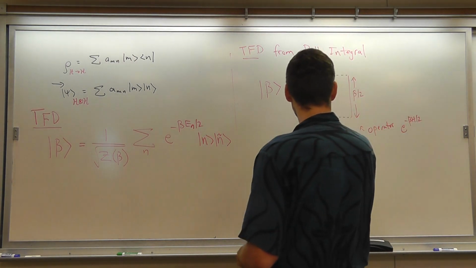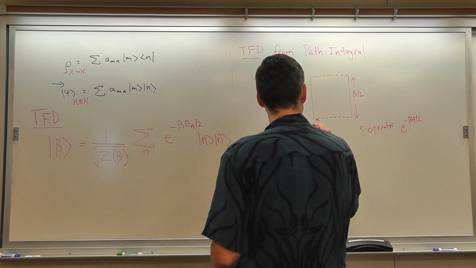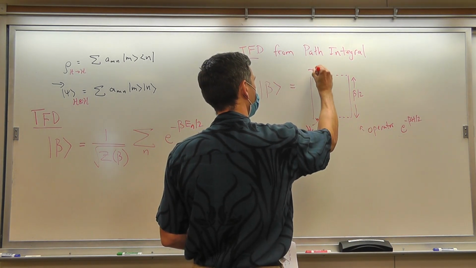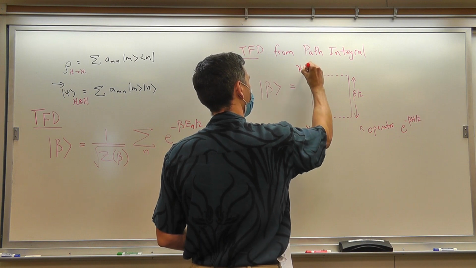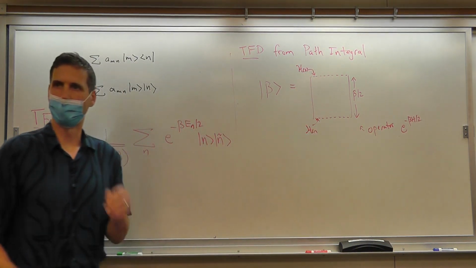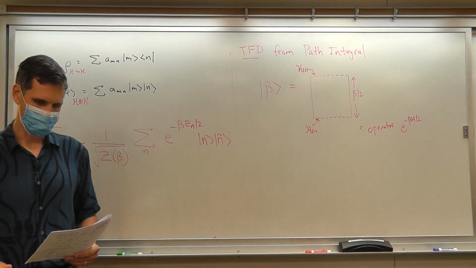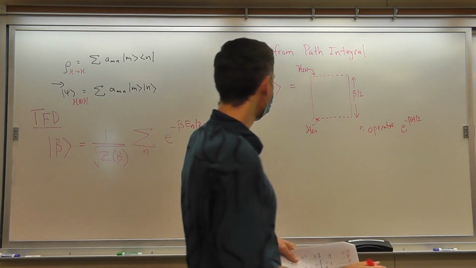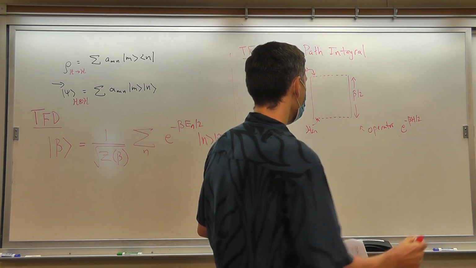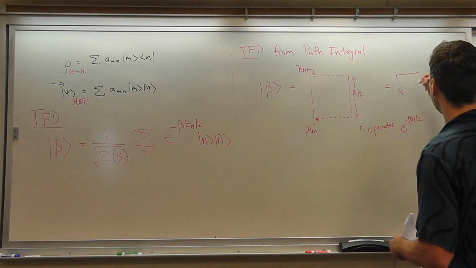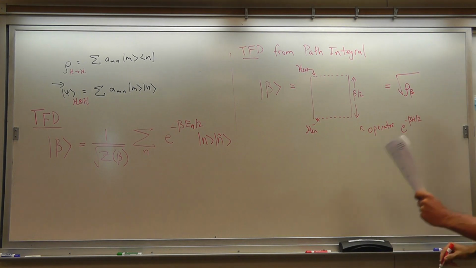And so we should interpret one of these cuts as being one copy of the Hilbert space and the other cut as being the other copy of the Hilbert space. Note also that this, as an operator, is the square root of the thermal density matrix.